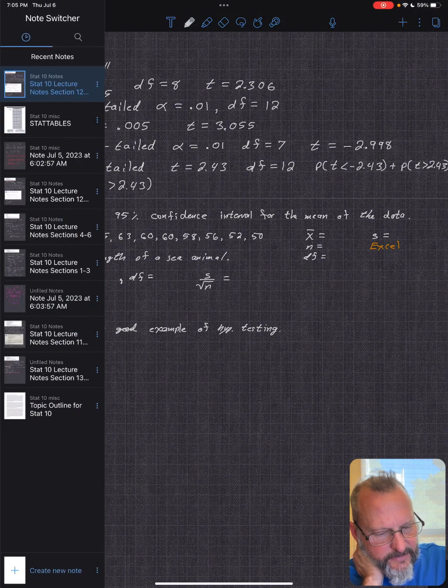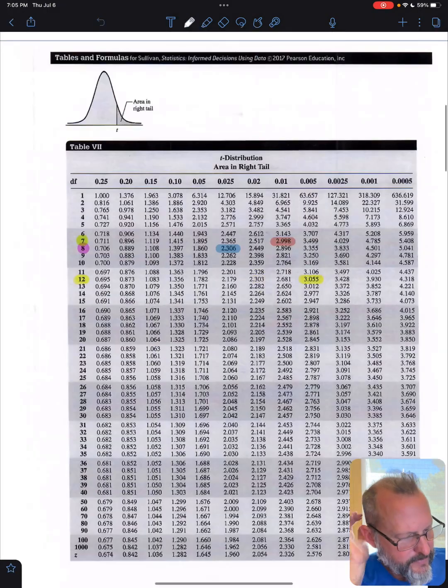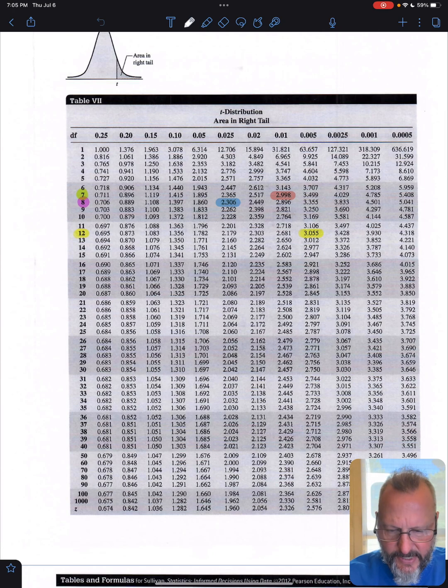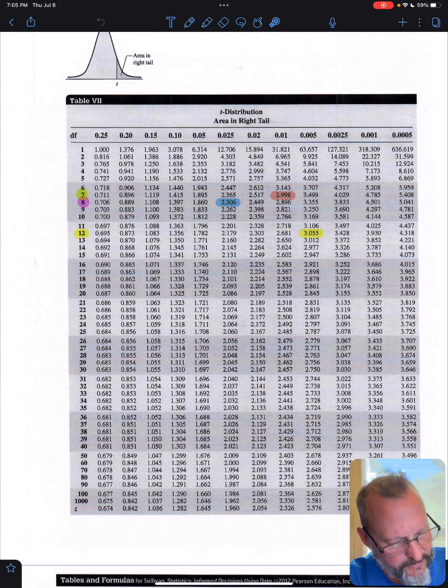Okay, so let's look that up. We're looking at degrees of freedom is 12. So we're here, and we're looking for 2.43. It's between these two. Right there. Make sure I'm doing that right. 2.43. So that's the key.